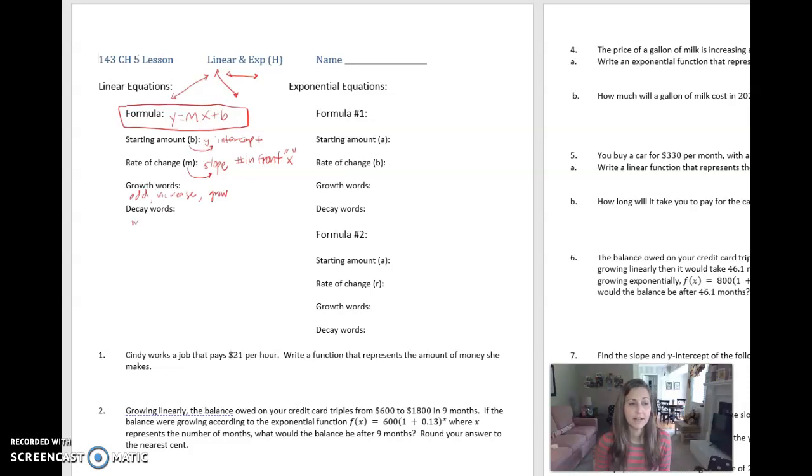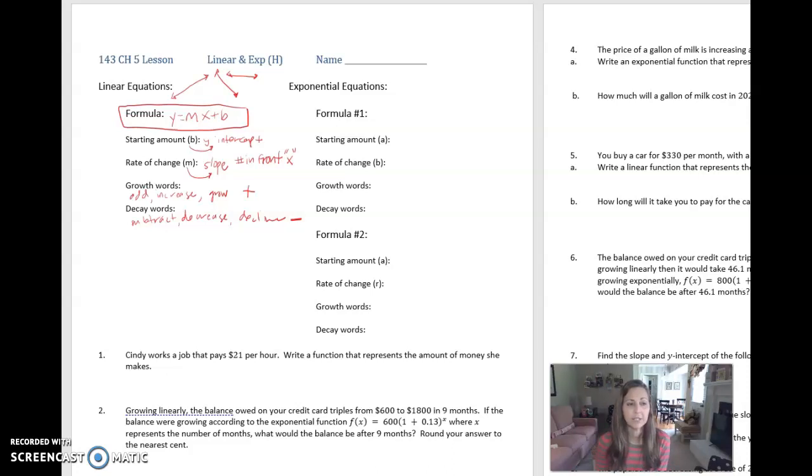So subtract, decrease, decline, maybe that word would be used, but you get the point. These growth words are positive words, meaning something is getting bigger, and these decay words would mean that the value is declining or getting smaller. So that is our linear information, okay?